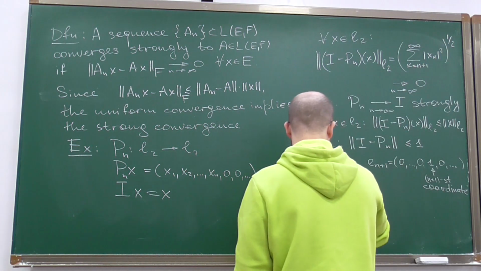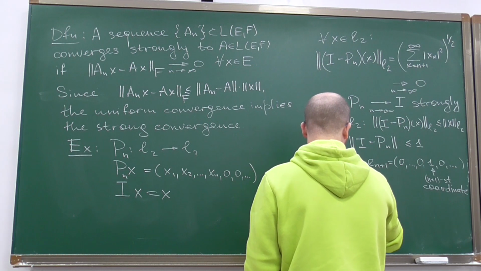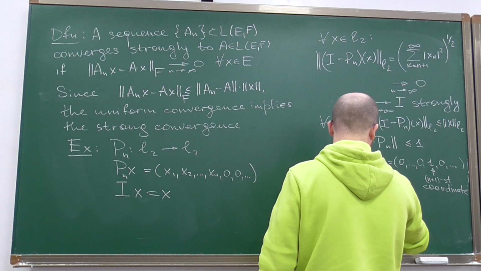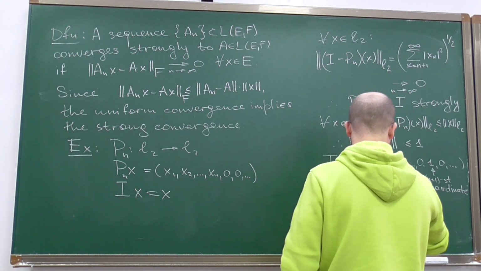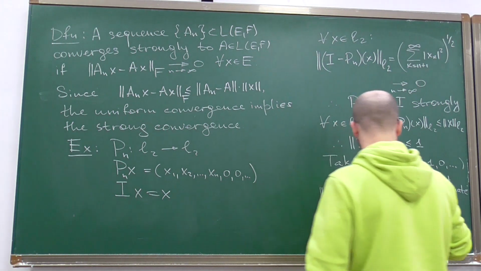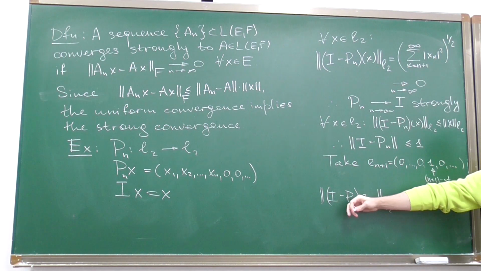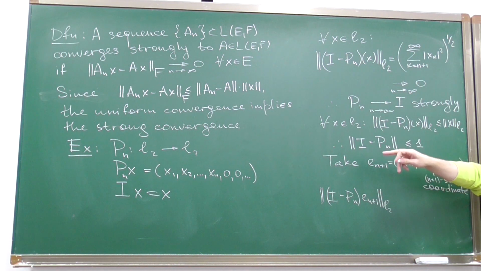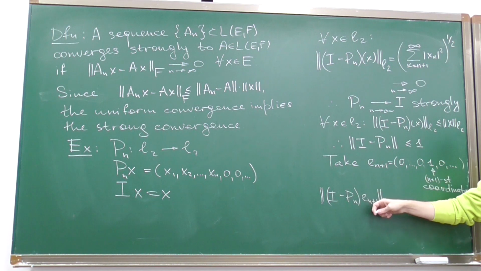Then the norm of identity minus Pn of En plus 1 in L2. By the way, what is Pn of En plus 1? The operator Pn keeps the first n coordinates, which are, for this sequence, zeros. So Pn of En plus 1 is 0.